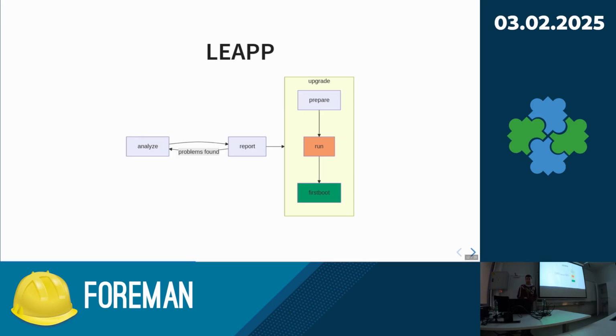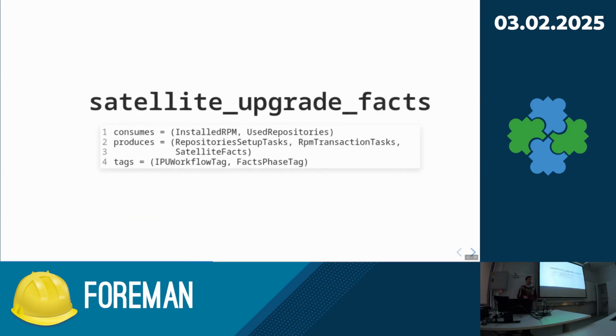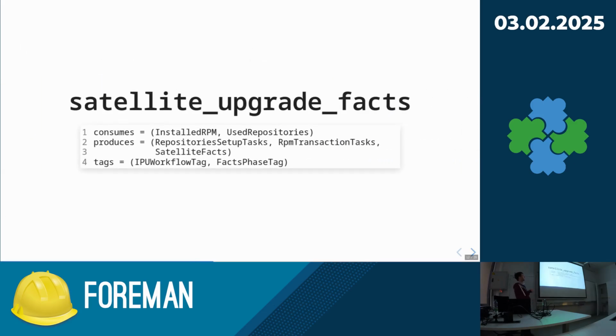In the next slides, you will see the actors that we developed, and you would probably do similar if you have a custom application that cannot be upgraded by just upgrading the RPM. So the very first one, and forgive me the satellite naming, but that's what pays my bills, and that's fine, right?